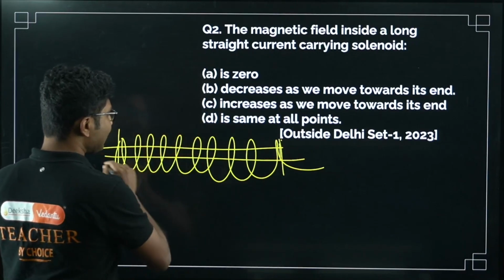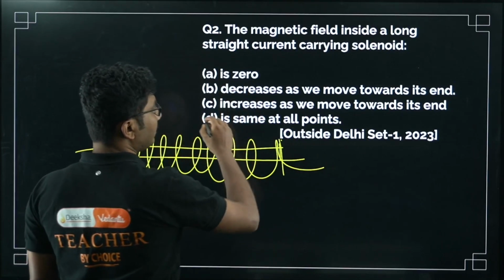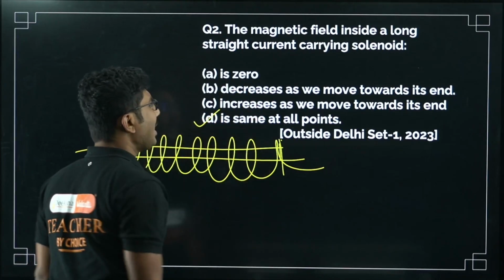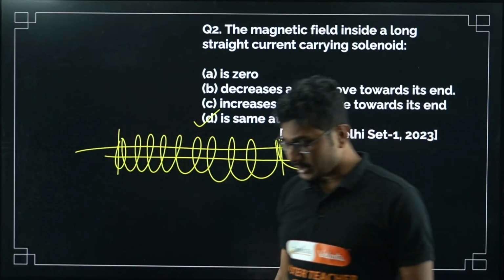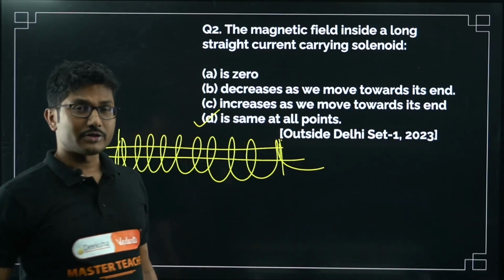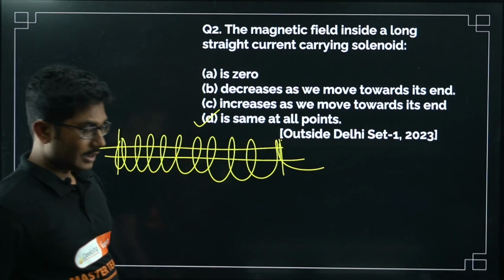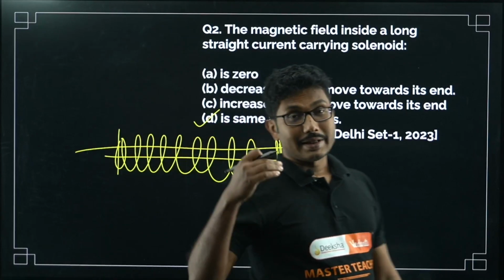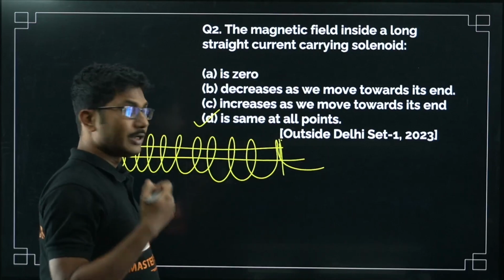Magnetic field anywhere inside the solenoid is always constant. It is the same at all points, it does not decrease, it does not increase. It remains the same because field lines are parallel to each other. We will see in a while in the diagram how they are parallel to each other and why they are considered to be constant.